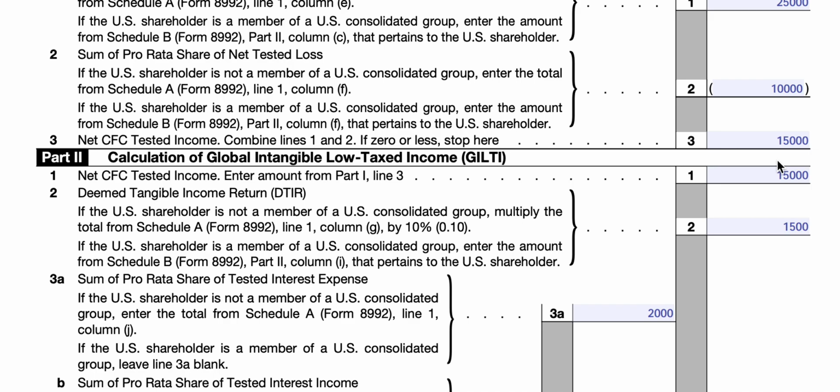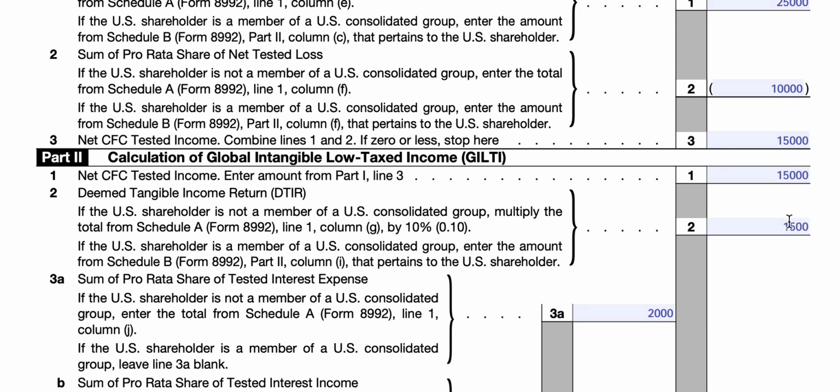You don't need to complete the rest of Schedule A because there are only certain portions of Schedule A that you have to complete in order to get the answers for Part 1, specifically columns A through F in Schedule A. Then if this amount is negative or 0, you don't need to complete the rest of Schedule A. You don't need to complete Part 2. You would simply attach your completed Form 8992 and your Schedule A with your income tax return for the year.